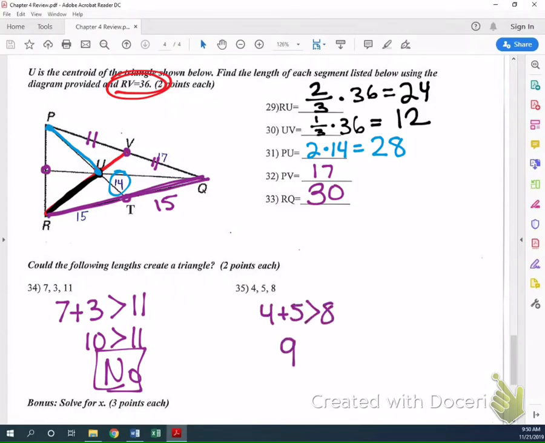What's 4 plus 5? 9. Is 9 greater than 8? Yes, so these would make a triangle. Questions?